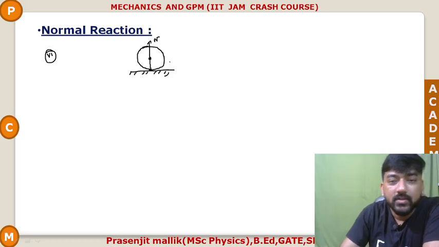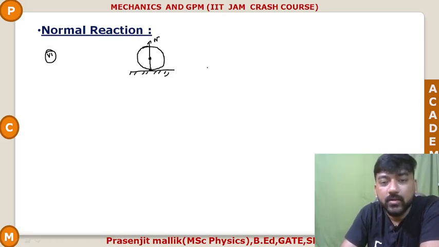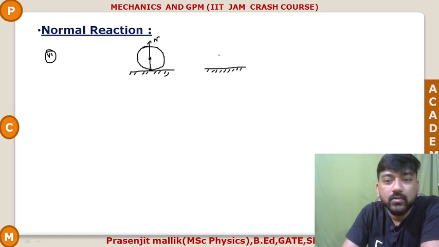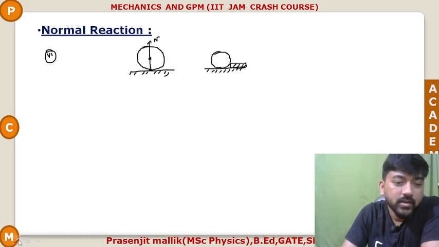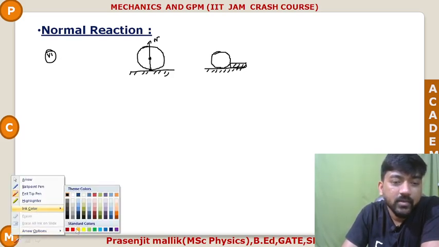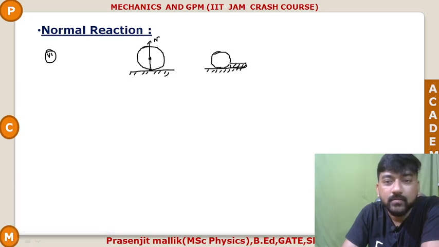But suppose you have an object which is rolling on a surface, and you have an obstacle something like this. Okay, now what will be the normal direction at that contact point? What will be the normal direction at this point?